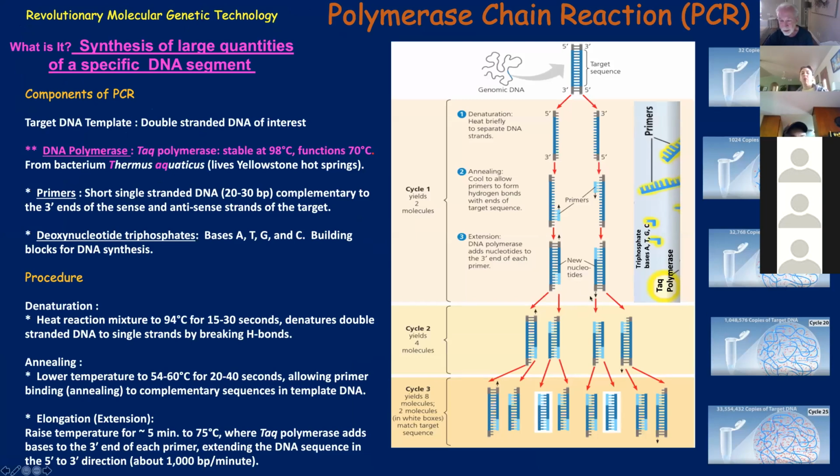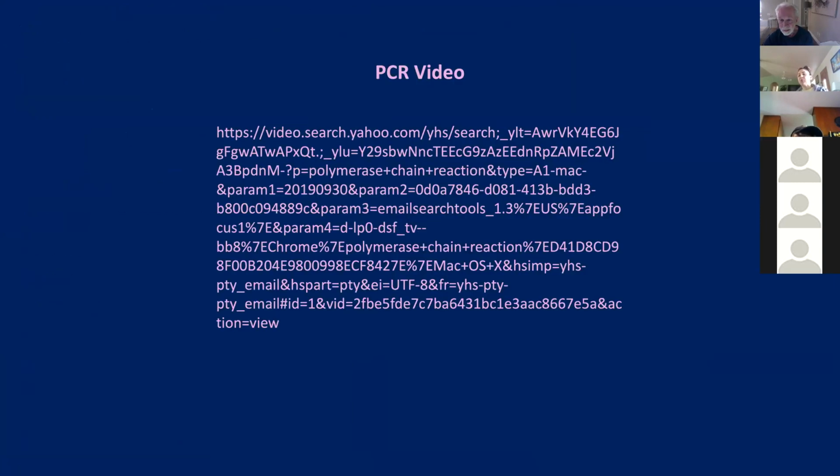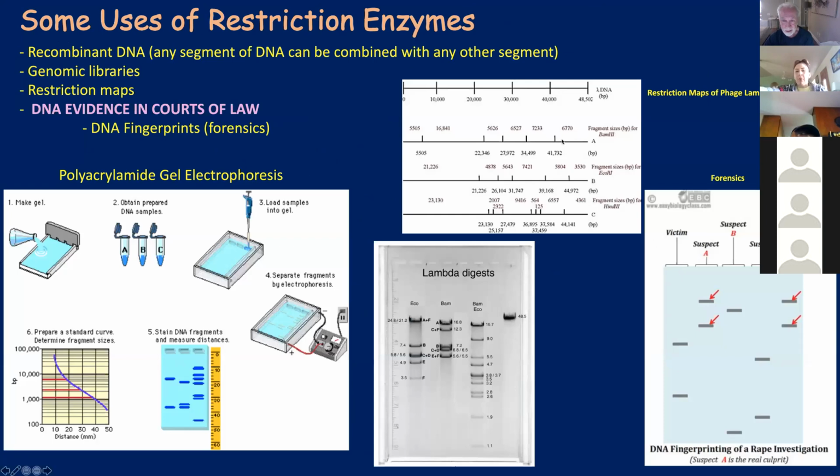And once it's amplified, so you have a test tube full of DNA, it can now be digested with restriction enzymes, so you get these diagnostic bands. So you can see how the different technologies work together to solve a problem. We have restriction enzymes, we have PCR, we have polyacrylamide gel electrophoresis, and that provides, in the case of forensics, DNA evidence.